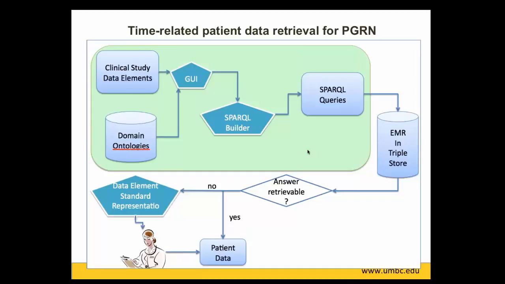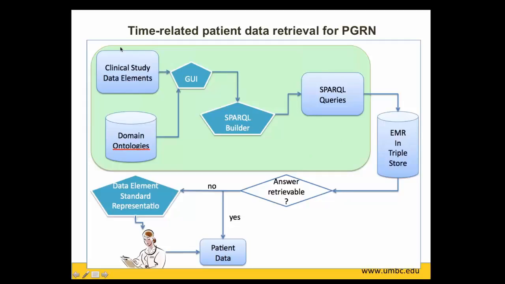Once this data has been integrated, standardized or normalized, this is another project I just want to introduce: how we can represent and integrate time-related pharmacogenomics data with the EHR data which is stored in the EMR systems.